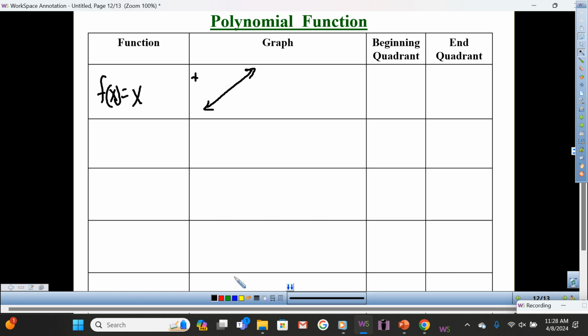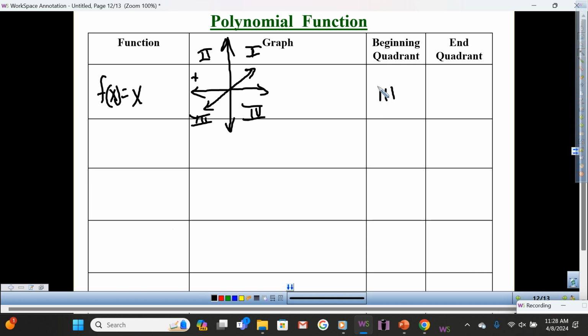Now, if I was to graph this in the coordinate plane, here's my coordinate plane. We have quadrant 1, 2, 3, 4. So, where does it start? If we're reading it from left to right, it starts at quadrant 3, and it ends at what?